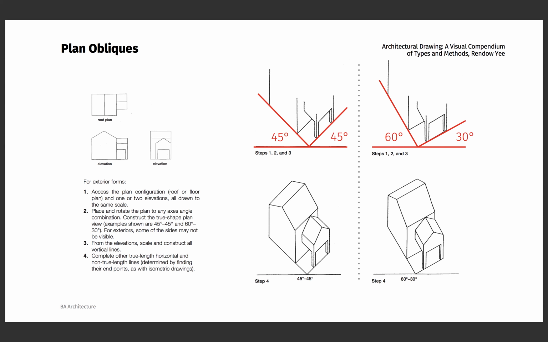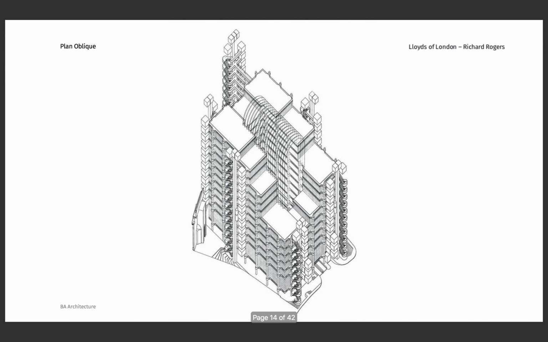Okay, so you can read the details of how to do that later. You're using the plan to give you the basis of the drawing, and you draw up from that, and the distance upwards that you draw is based on the elevation information that you have.